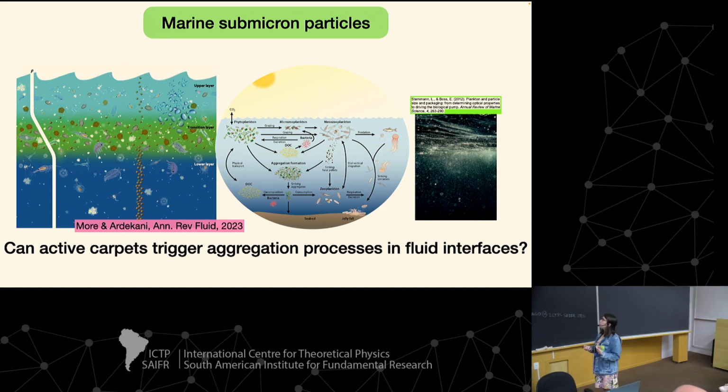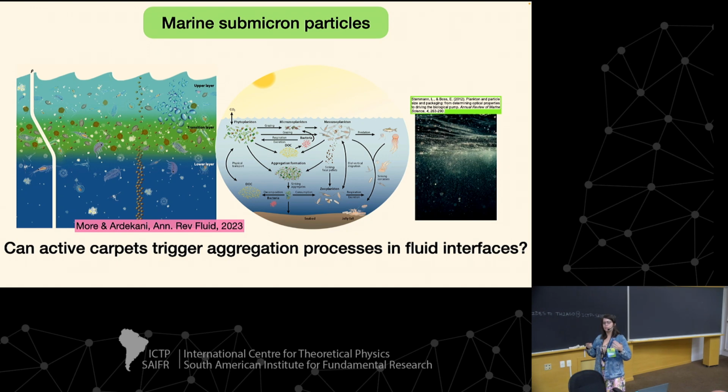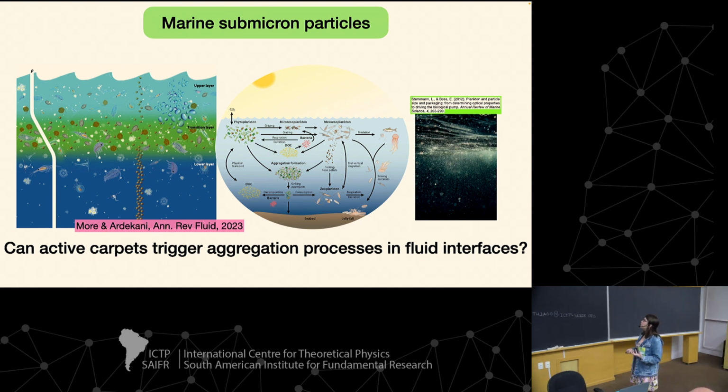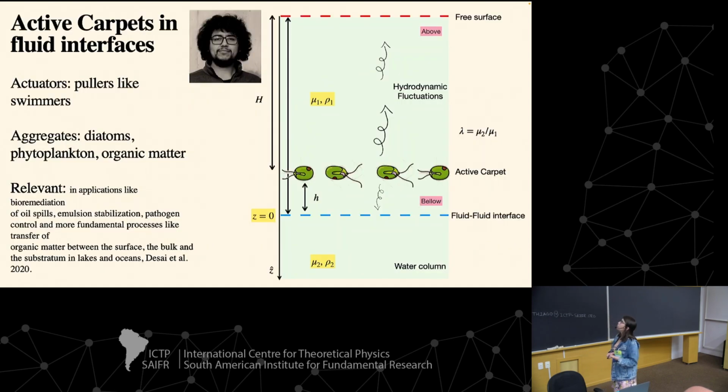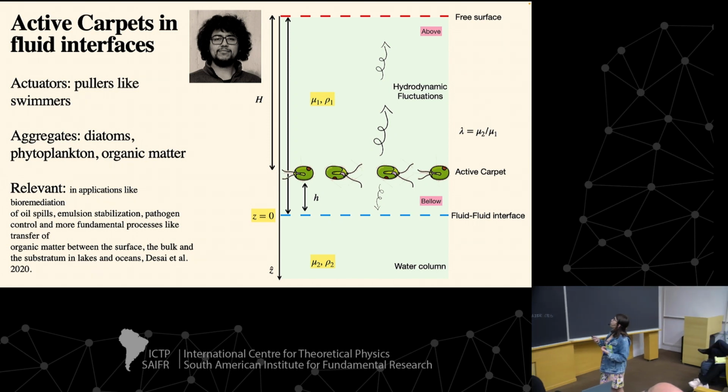And we are wondering what happens when microalgae accumulate at these interfaces. Is it possible that they start an aggregation process or not? How is the pair diffusivity now? How can they merge, or steer the fluid in such a way that they trigger an aggregation process? So what we are considering now is an active carpet above a fluid-fluid interface.